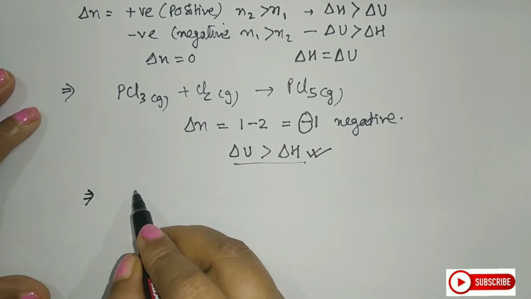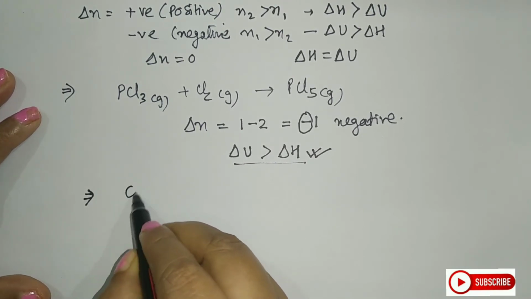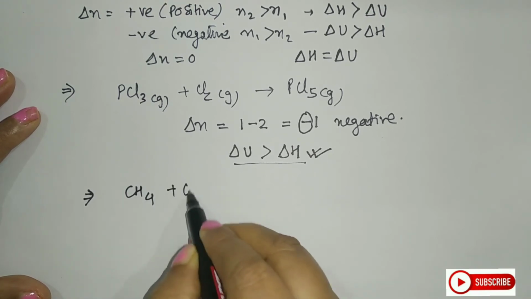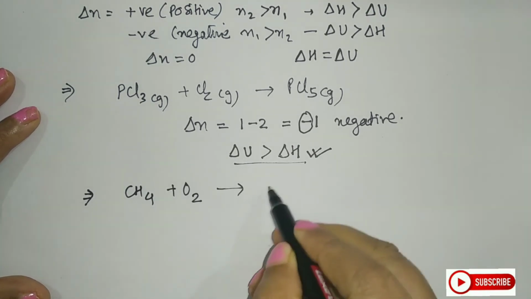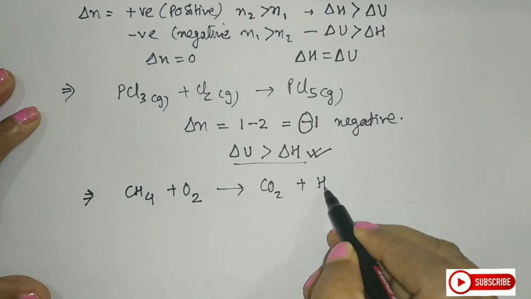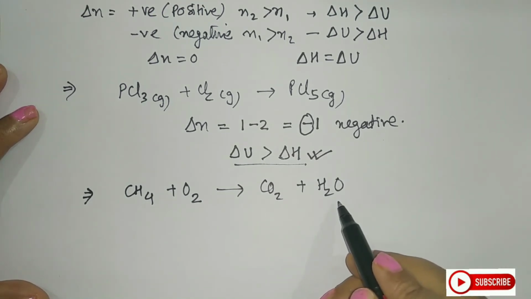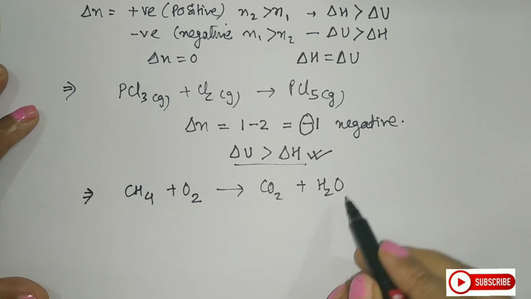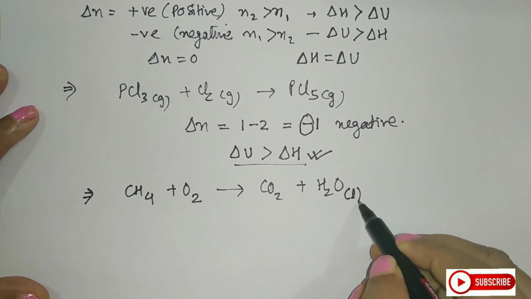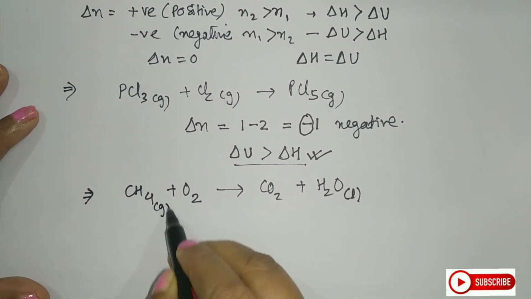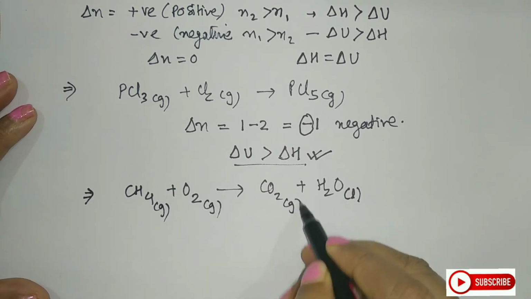The example is the combustion of methane. Combustion of methane will be methane plus oxygen giving carbon dioxide plus water. Now the important question is the physical state of water. Until and unless the question demands otherwise, you have to consider this water in the liquid phase. So let us take methane and oxygen as gaseous, and carbon dioxide as gaseous.